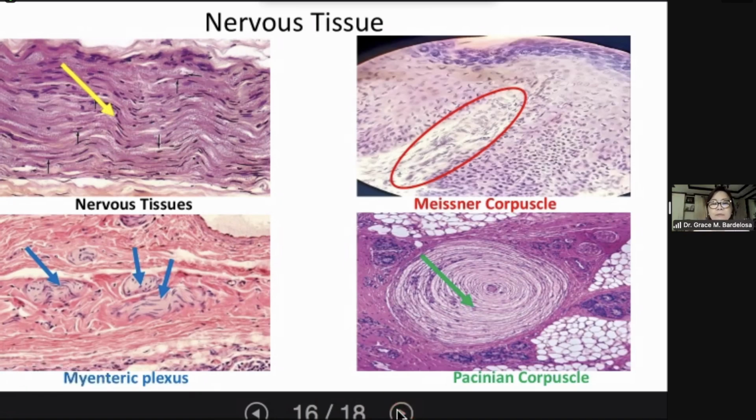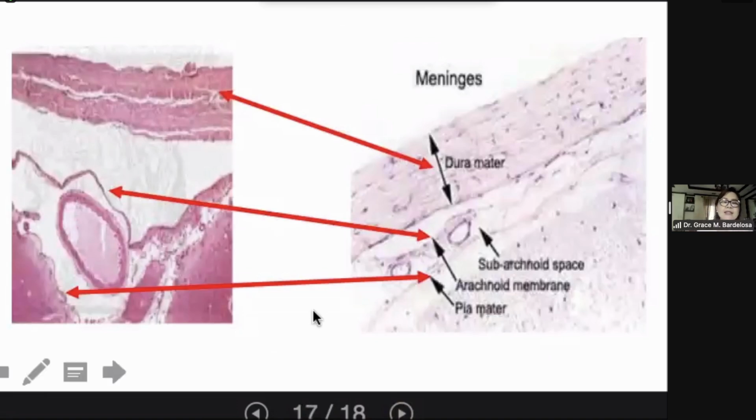And lastly, class, the meninges. The topic of meninges will be taken up also in a separate lecture. But just to give you a bird's eye view of what meninges are, they are the coverings of the cerebrum, the cerebellum, and the spinal cord.